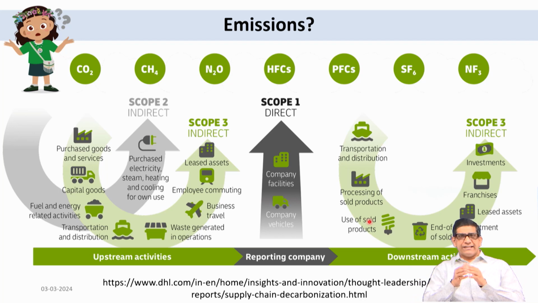Again, when we are talking about decarbonization, we have to reduce all these emission factors. To reduce them, we need to measure where the emissions are coming from and which process is leading to more emissions. That is the hot spot that we talked about earlier, and how to reduce the emissions from those particular processes is the major focus.